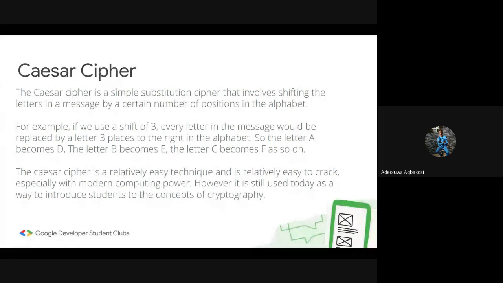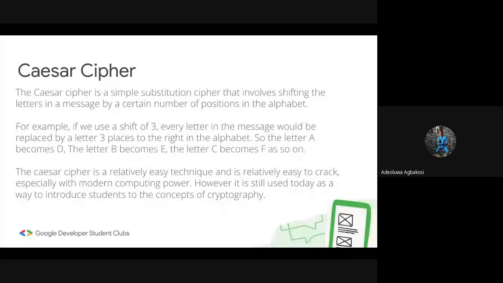Now, in Caesar cipher, the secret key is called the shift. So if the shift is 1, the secret key here is 1. Or if the shift is 10, the secret key is 10. Let me just use something simple: a secret key of 1. So in this case, the shift is 1.